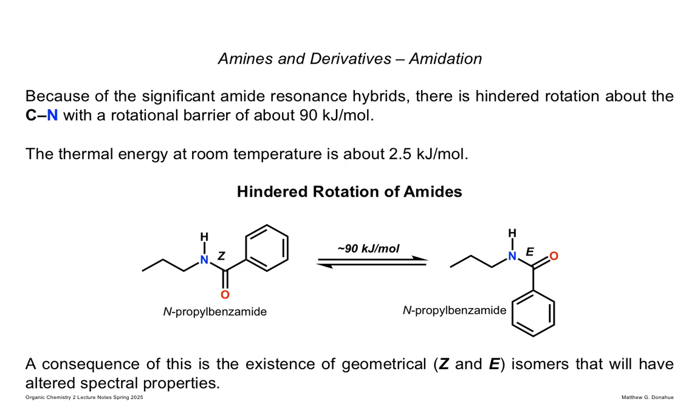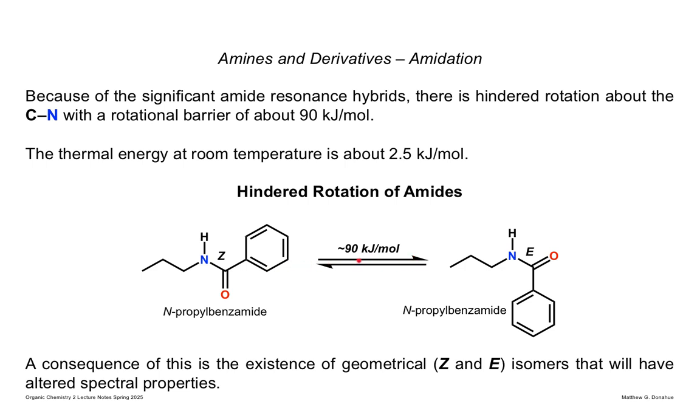Basically the nitrogen has the secondary amide, so you have an H, then this 3-carbon propyl chain. You can have the H and the phenyl on the same side, or they can be on different sides. If there's a rotation, then the isomers or the resonance.